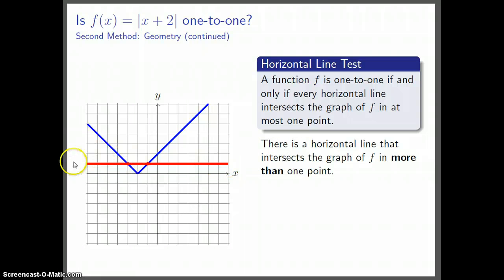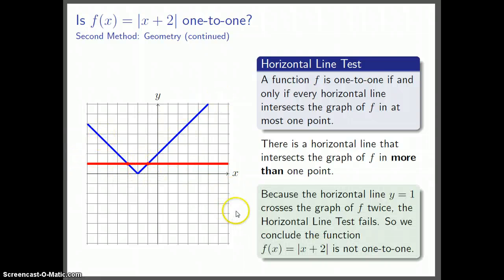This red horizontal line, specifically the line y equals 1, crosses the blue graph of f twice, so the horizontal line test fails. We conclude the function f of x equals absolute value of x plus 2 is not one-to-one.